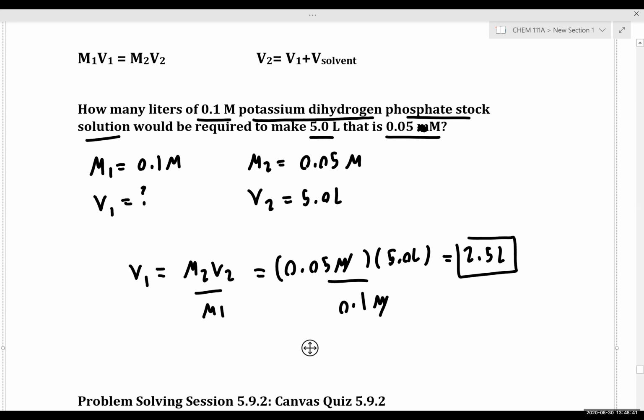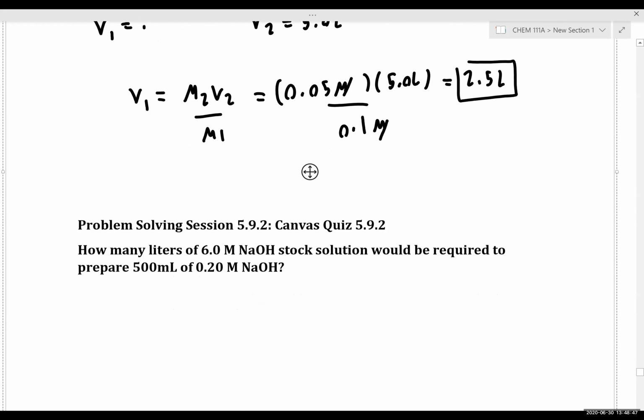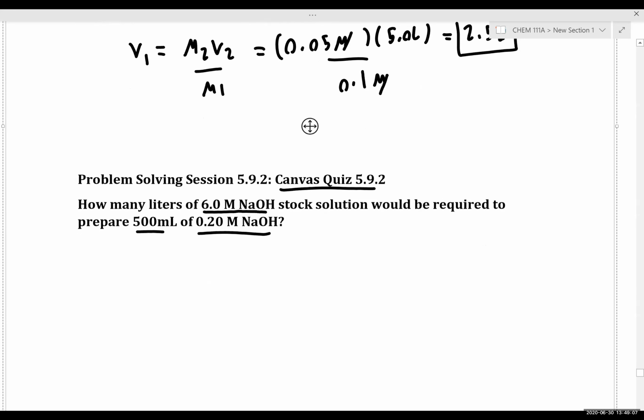Okay, so let's try as a group and individually to do one more dilution problem. How many liters of 6 molar sodium hydroxide would be required to prepare 500 milliliters of 0.2 molar sodium hydroxide? Let's not be shy to submit our responses in the chat, verbally, or via Canvas quiz 5.9.2.